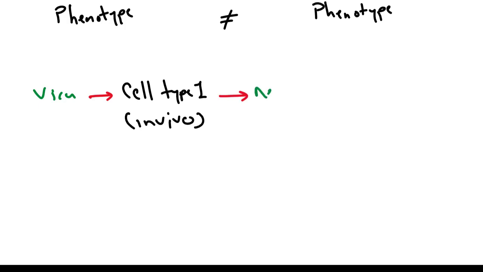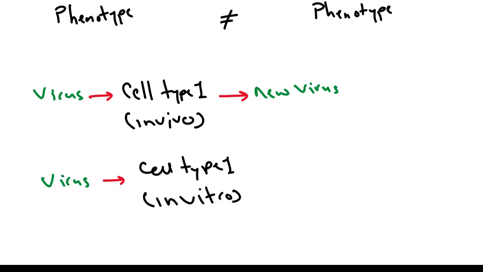New virus. But the same virus, if I take these cells and I move them to an in vitro environment, same cells, I'm not changing the cell type, I get nothing. No new virus is made.